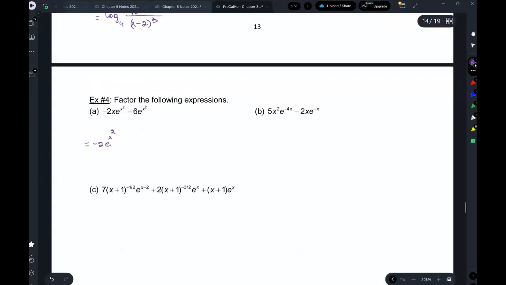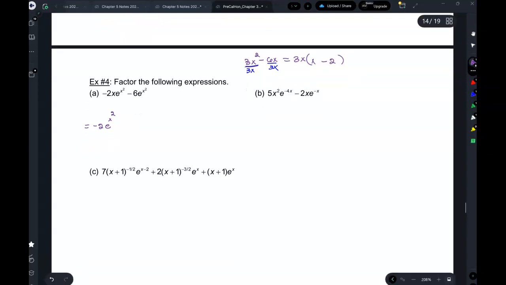Now, let's go up here for a minute. If I have something like a basic 3x squared minus 6x, what can I factor out of that? A 3x. So when I factor out a 3x, instinctively, I know exactly what I'm going to get here. But in the background, what is my brain doing? It's actually dividing each term by the thing you factored out, right? So this becomes just x, and this becomes minus 2. That's what you're doing.